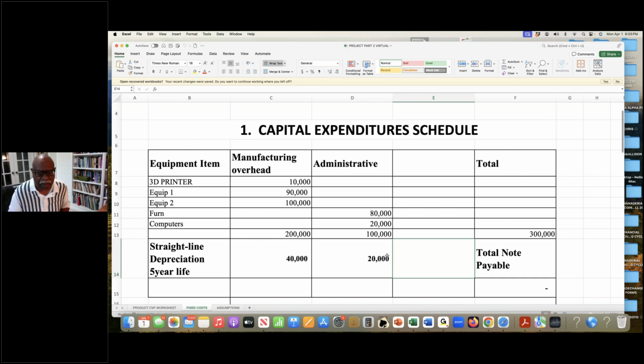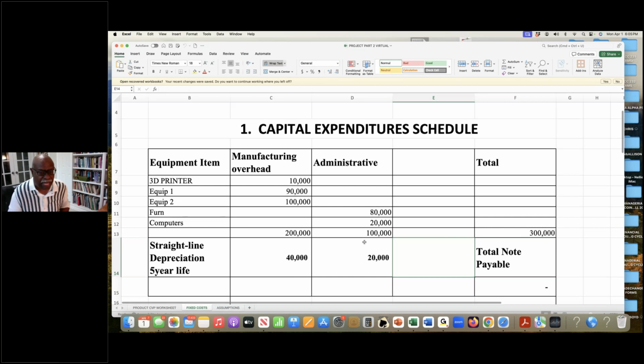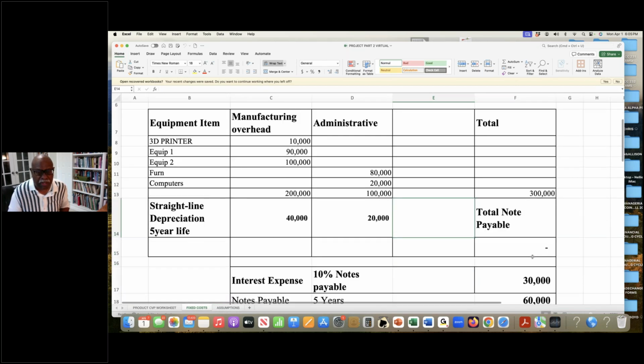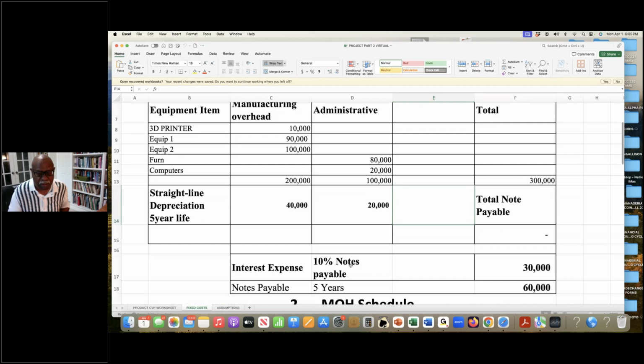You add them all up to get your total cost of the equipment that you're going to be using in the business. You calculate straight line depreciation for the manufacturing overhead and administrative expense. And you'll use a 10% interest rate on whatever you borrow to get your interest expense. And you should plan to pay the note off in 5 years.